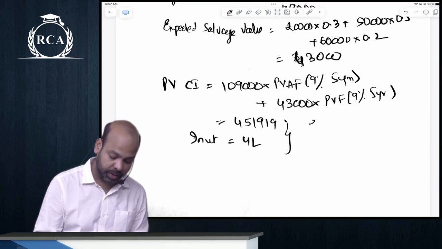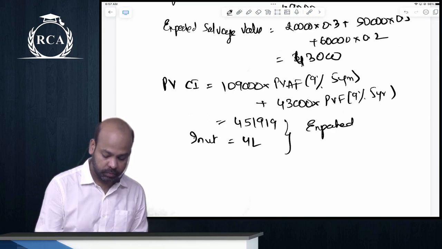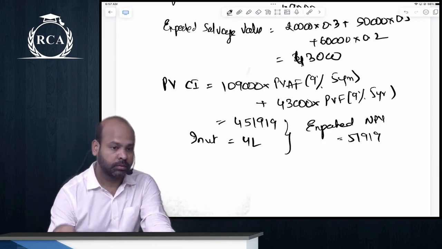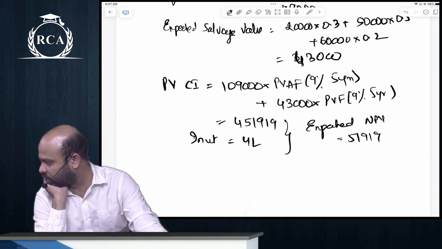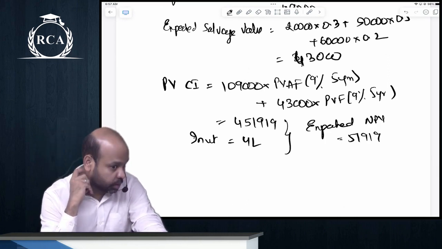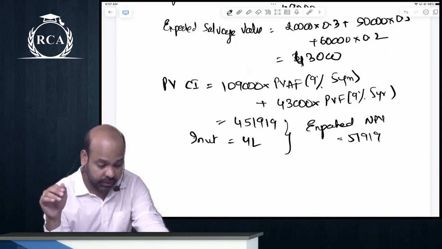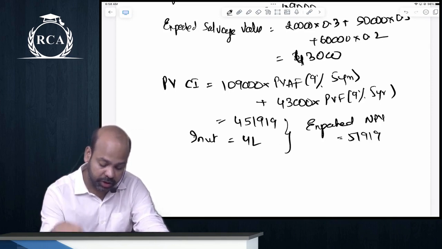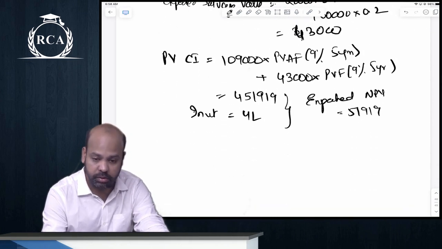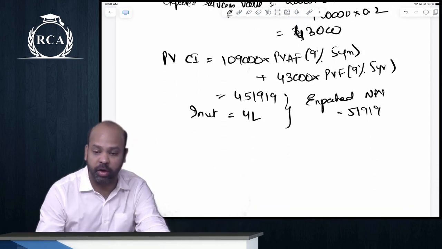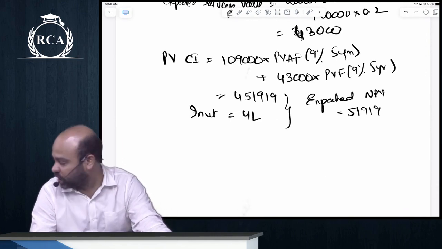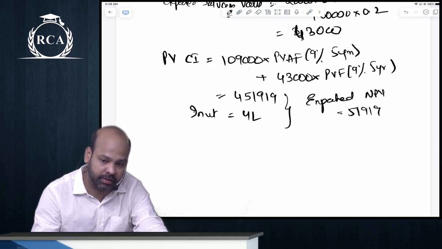Therefore, your expected NPV is 51,919. Done, guys. What will you write, beta? Will the project be accepted? Because the expected NPV is positive, the project should be accepted. Write that, beta: as the expected NPV is positive, the project should be accepted.